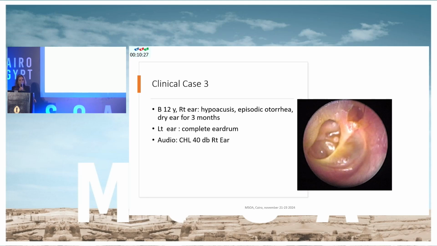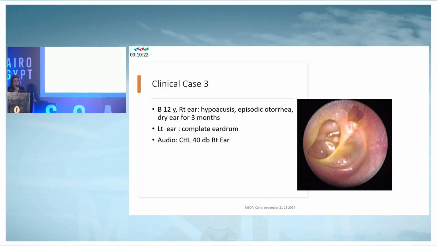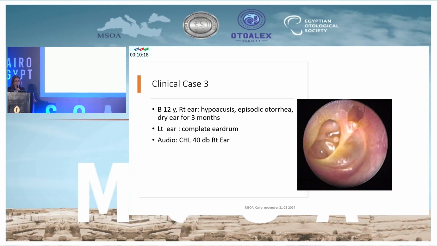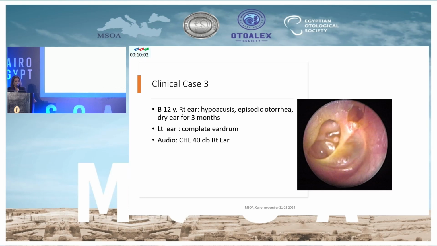Case number 3, a child who presents right deafness and episodic otorrhea, and the otoscopy shows an epitympanic retraction with erosion of epitympanic bone, a large posterior retraction pocket with erosion of ossicles.